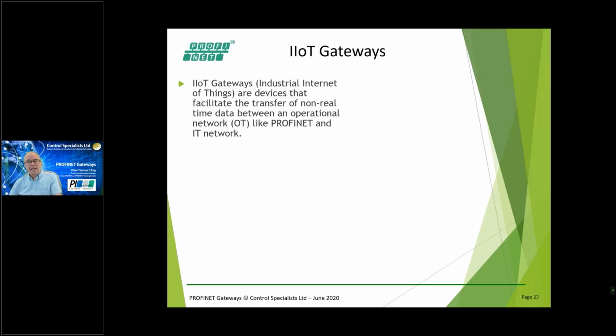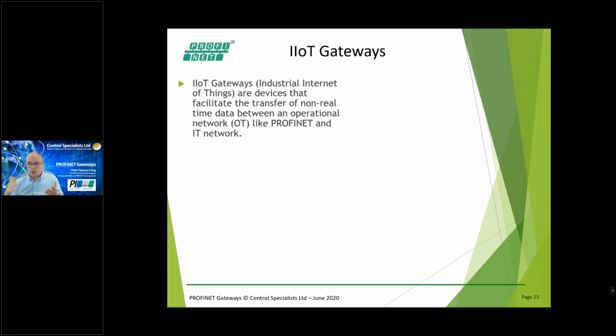Then we have IIoT gateways. So this is where we are not connecting to another communications network like Profibus or RZ, anything like that. But there is an acceptance of the fact that our PROFINET network and the devices connected to it often have useful information over and above their inputs and outputs that some higher level system could maybe correlate or link with other bits of diagnostic information to build up an overall picture.